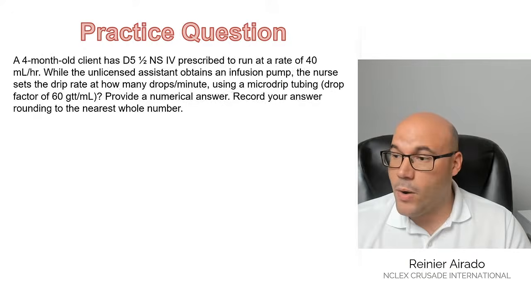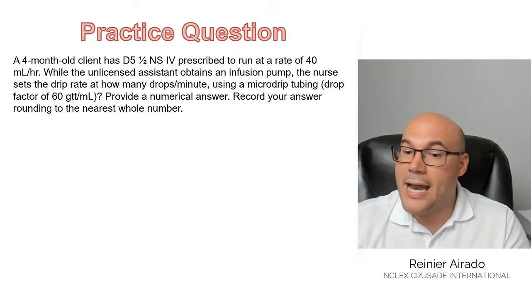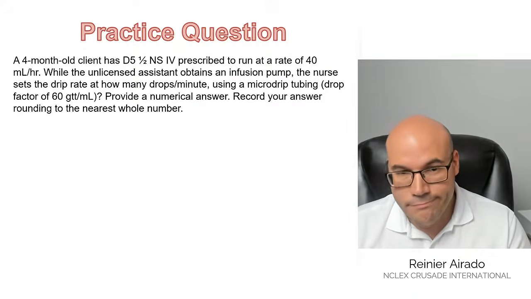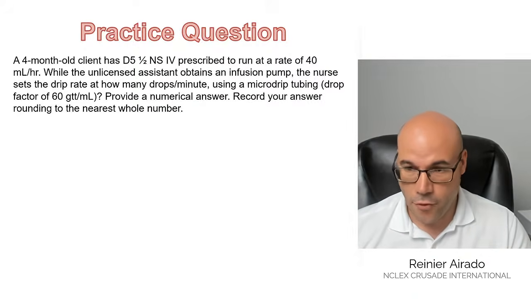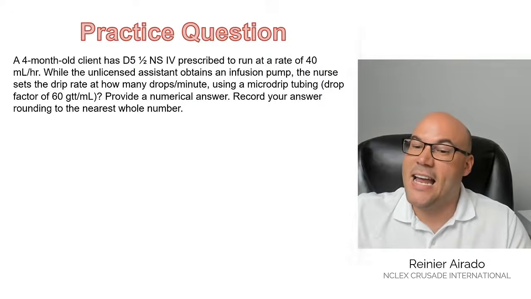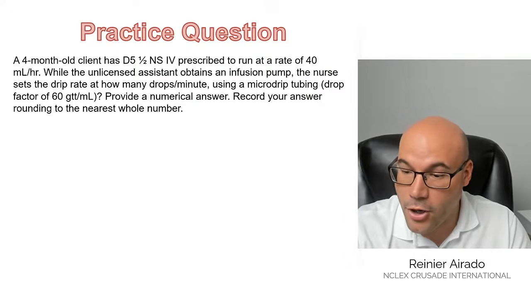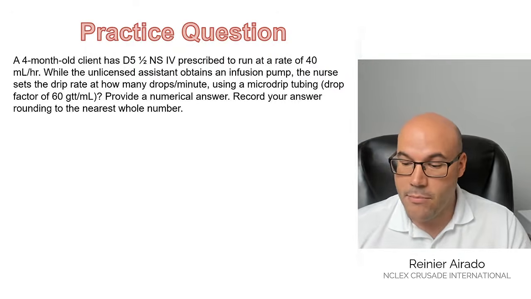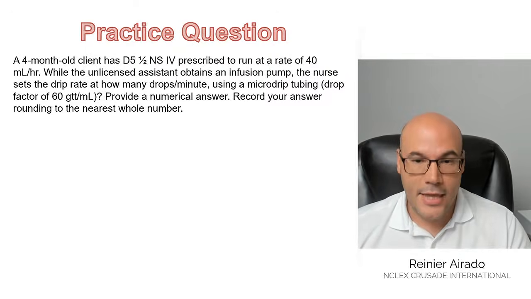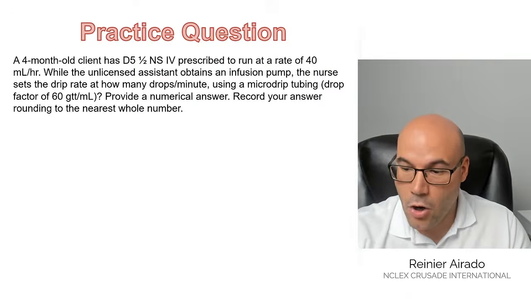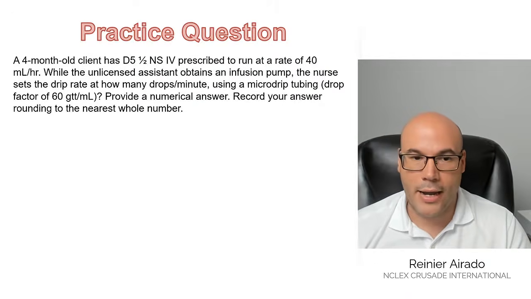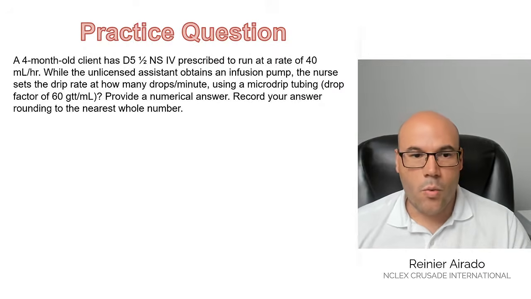For this question, you could use another formula, which is the drops per minute formula. But that is another formula that you have to learn. If you learn how to use the dimensional analysis, then you can use the strategy on both the previous question and this question right now.